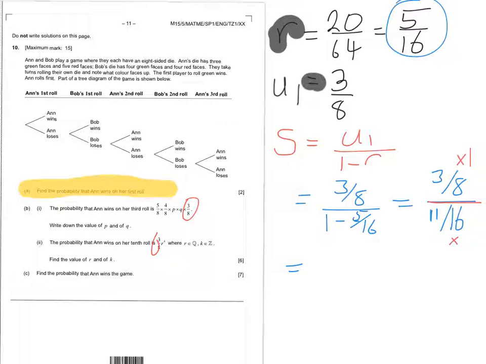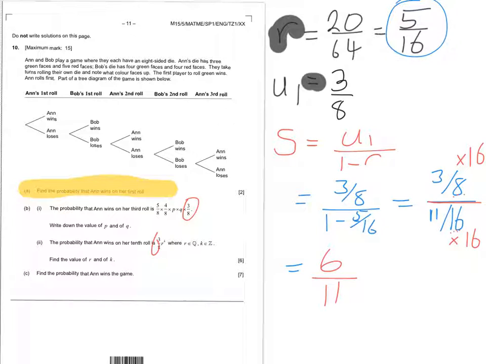I'm going to choose the number 16 because that's going to cancel the 16 here, and it's going to cancel the 8 there. So 3/8 of 16 is 6 on the top, and 11/16 of 16 is 11 on the bottom. So the probability that Anne wins is 6 out of 11.